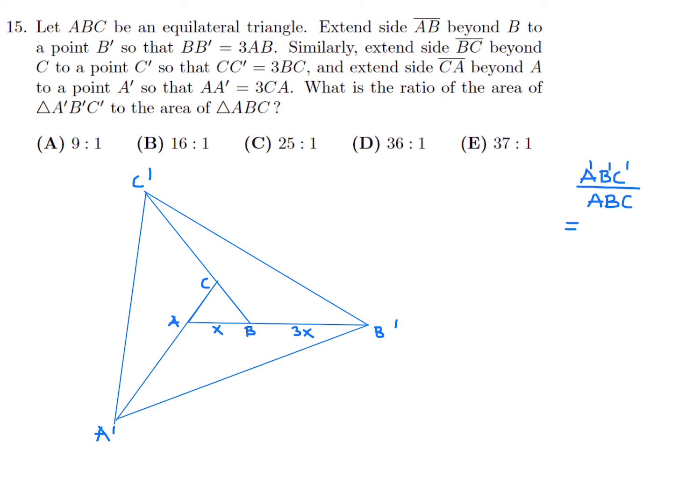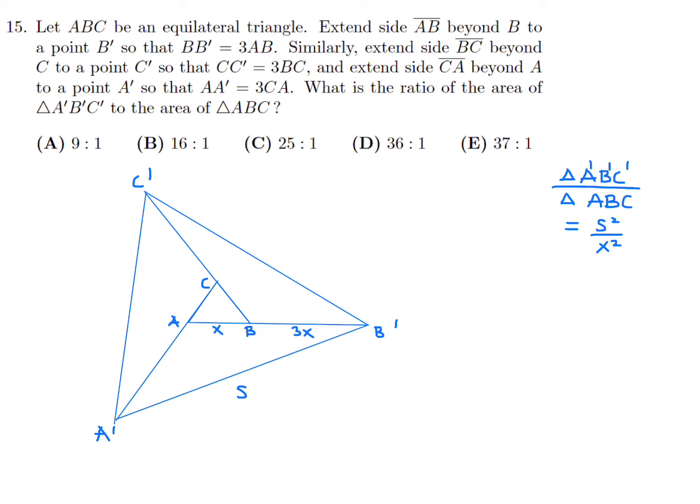All we have to do to make this question quicker is just get the ratio of the square of the sides, because these are areas. So if I call this S, and this side I've labeled X, really all I have to do is find S squared over X squared, and that will give me my ratio.